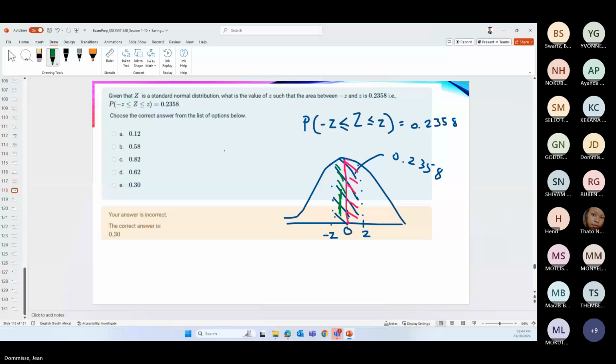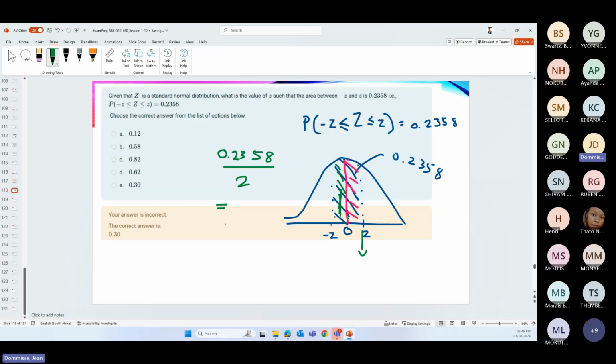So to get to that Z, we will need to say 0.2358 divided by 2, because that will be this component that we will need to add on.